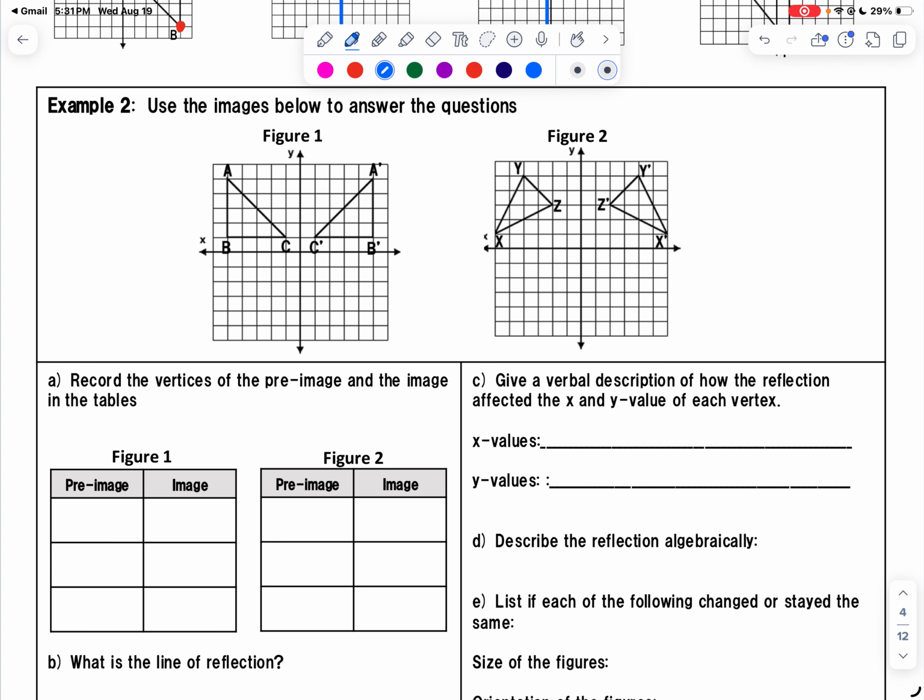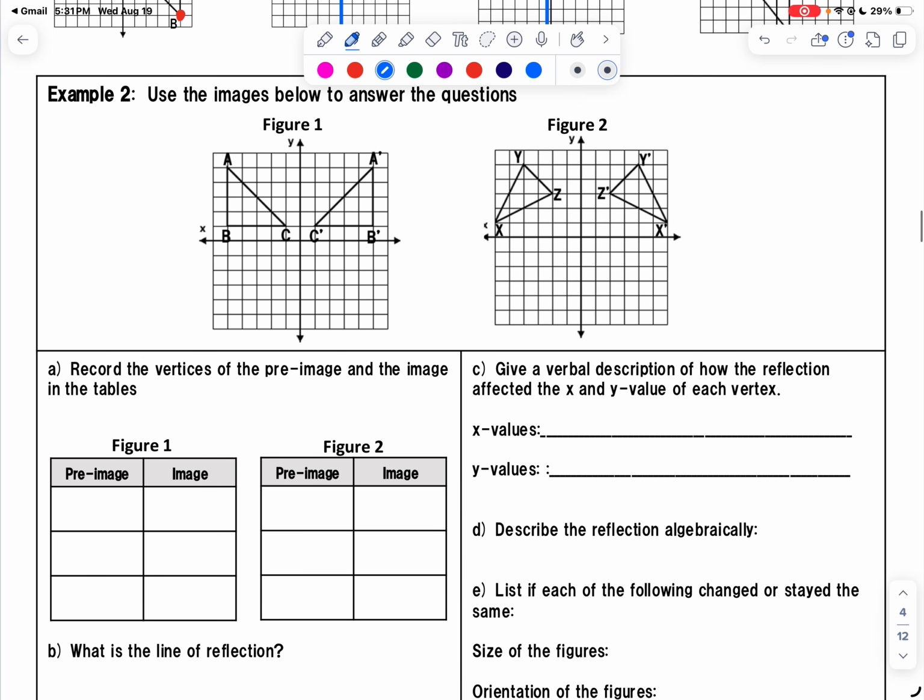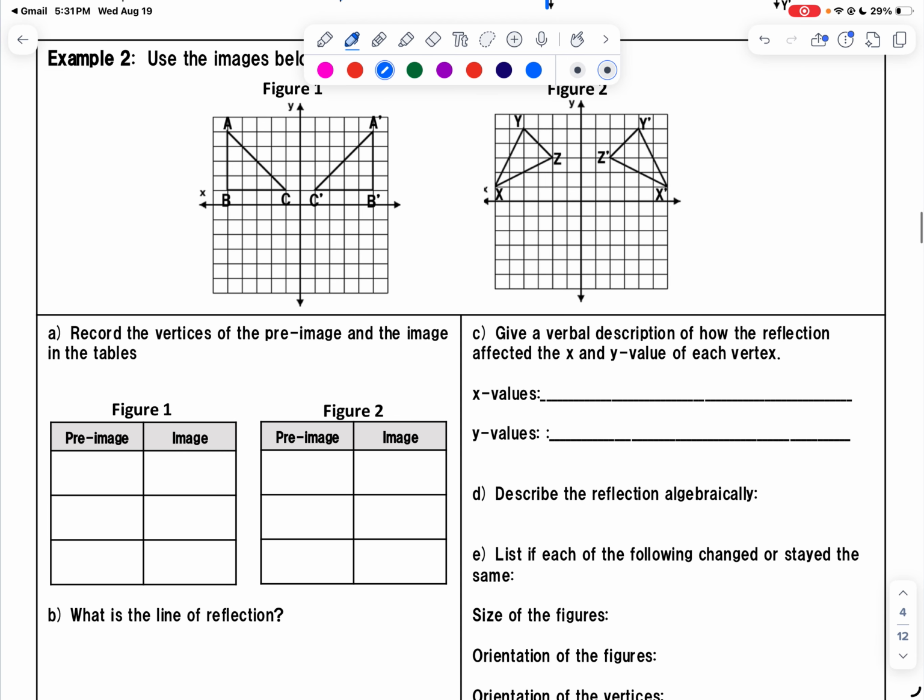So in figure 1, we have triangle ABC and triangle A prime, B prime, C prime. In figure 2, we have triangle XYZ and triangle X prime, Y prime, Z prime. And in part A, we're going to record the vertices of the pre-image and the image in the tables. So for figure 1, let's talk about A, B, and C, and then we'll identify A prime, B prime, and C prime.